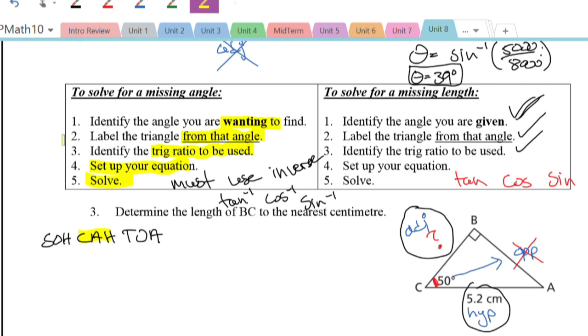That is going to be that guy there. So that is the next step in our adventure. Number 4 says set up the equation. The cosine of some angle is equal to the length of the adjacent side over the length of the hypotenuse.